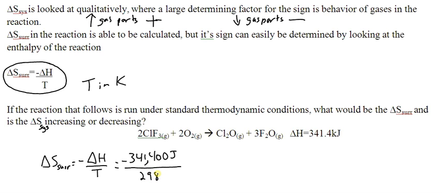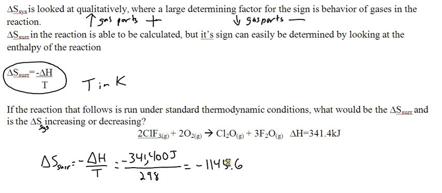And so taking a look at this, we've got 341,400 divided by 298, and so that would be negative 1145.6.